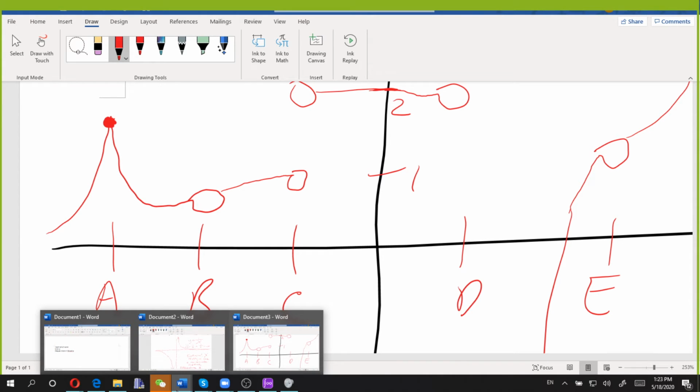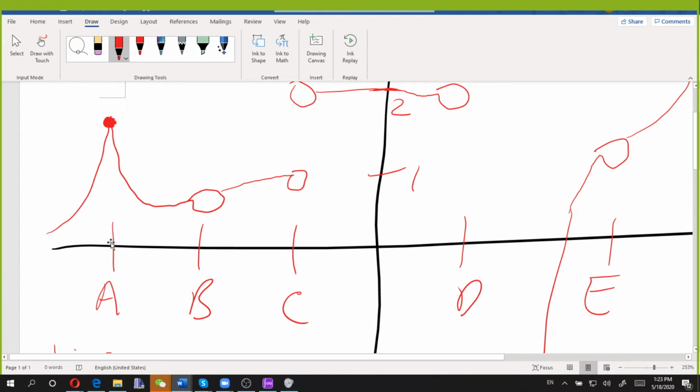Differentiable means you can derive it. So why can I not derive this function at x equals a? Oh, because the slope changes. The slope is different. Perfect. My slope on the left side is approaching a different value than a slope on the right side. So it's not possible to derive this function at x equals a.